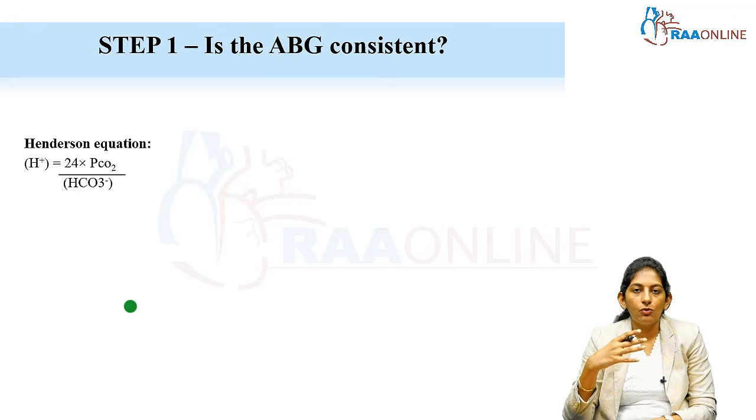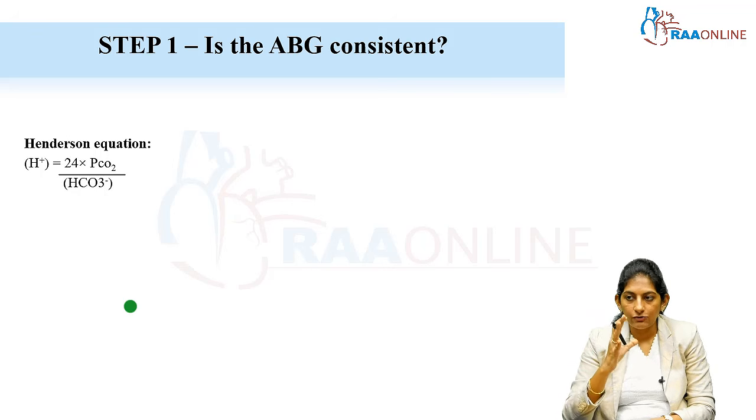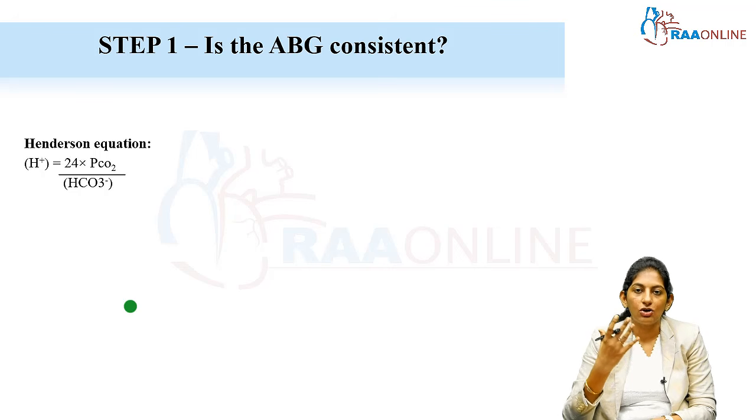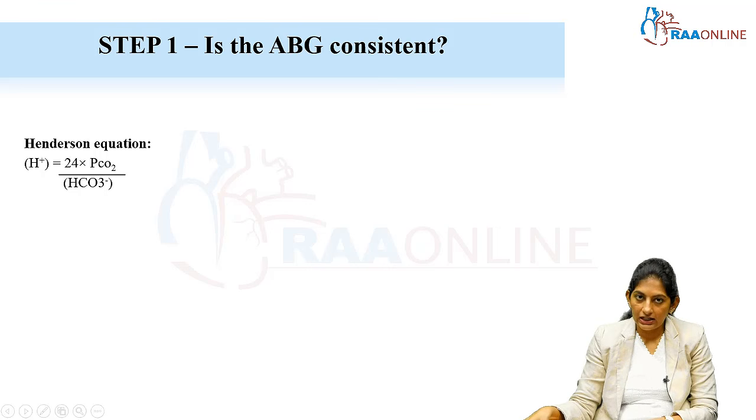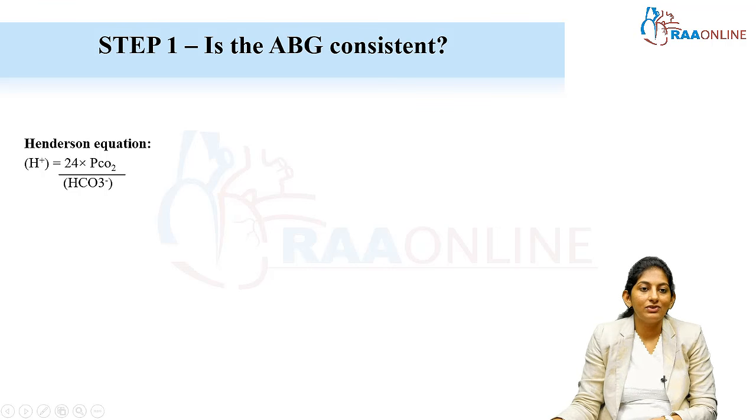So, we will talk about how you interpret the ABG stepwise. Before going on to interpretation, we have to see if the ABG report that we have got is consistent or valid before interpreting it. For checking the consistency, we have the Henderson-Hasselbalch equation, through which we will calculate the H+ value.